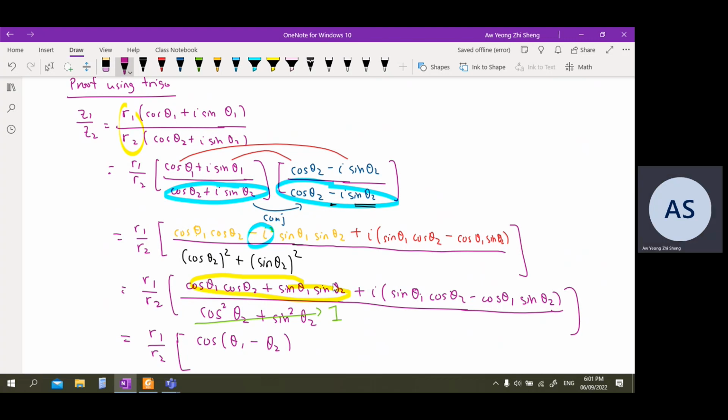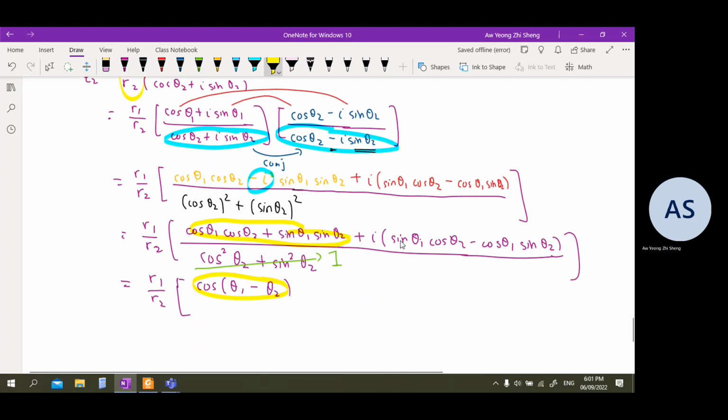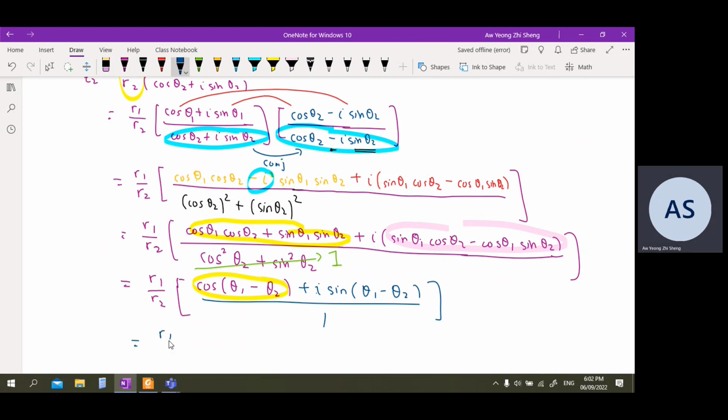Cos A cos B plus sine A sine B simplifies to become cos of A minus B. While the term that I'm coloring in pink here has the form sine A cos B minus cos A sine B. This one can be simplified to become sine of A minus B. So I have plus i sine of A minus B, where A is theta 1, B is theta 2. The bottom is just number 1. So I have R1 over R2 times cos of theta 1 minus theta 2 plus i sine of theta 1 minus theta 2.